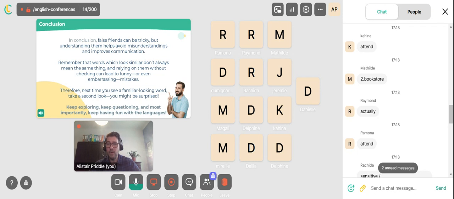Remember that words which look similar don't always mean the same thing, and relying on them without checking can lead to funny or even embarrassing mistakes. Therefore, next time you see a familiar looking word, take a second look. You might be surprised. Keep exploring, keep questioning, and most importantly, keep having fun with the languages.